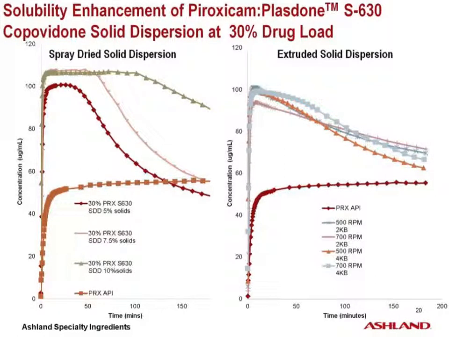On the other hand, the extruded samples were also able to enhance the dissolution of Piroxicam significantly, although they were not able to maintain supersaturation for a very long time. In addition, the dissolution performance of all extrudates is very similar regardless of which screw speed or screw configuration was used.